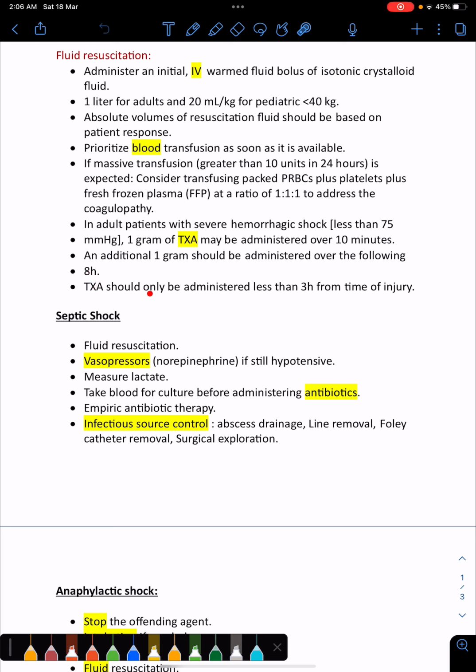So that's 10 minutes and then the following 8 hours. This TXA should be administered in less than 3 hours.